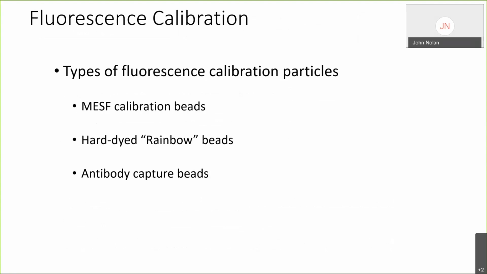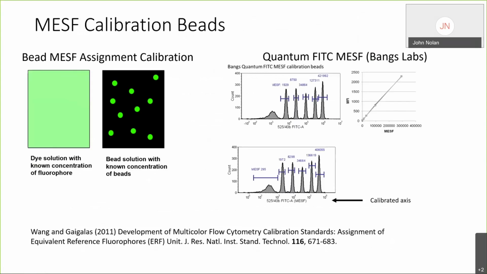There are commercially available calibration particles that everyone should use in association with their EV flow cytometry measurements. There are three types. There are so-called MESF standards, mean equivalent soluble fluorochromes. These are beads whose brightnesses can be traced to an external standard of fluorophore. For instance, fluorophore standards provided by NIST.